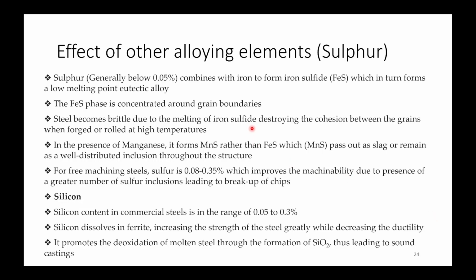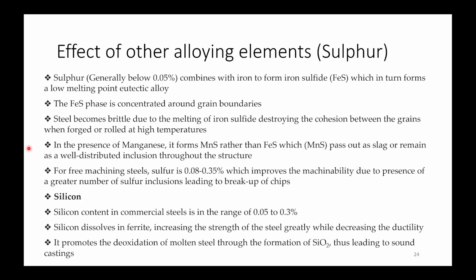Now, the effect of some alloying elements. First is sulfur. In the case of sulfur, which is 0.05%, it combines with iron and forms iron sulfide, as I told earlier. This FeS forms a low melting point eutectic alloy, and this FeS phase is concentrated around grain boundaries, and the steel becomes brittle due to the melting of iron sulfide, destroying the cohesion between the grains when forged or rolled at high temperatures.